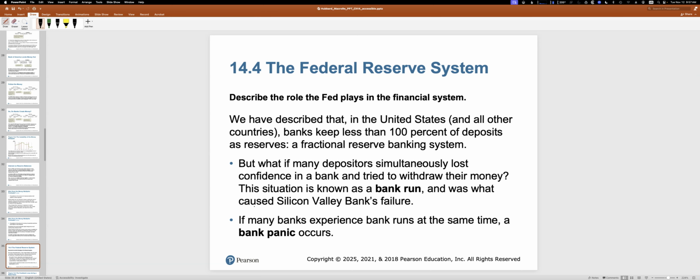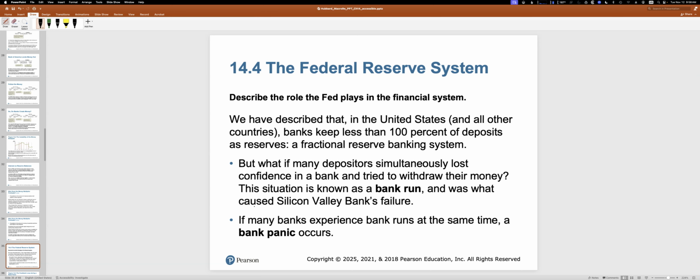So for instance, when Silicon Valley Bank failed, one of the first few slides here, the Federal Reserve gets involved in that bank run and tries to manage it and stop a banking panic from happening. When Silicon Valley Bank failed, 2 or 3 other banks failed at the same time, and it was kind of the job of the Federal Reserve as well as the Federal Deposit Insurance Corporation, the FDIC, to stop a big panic.